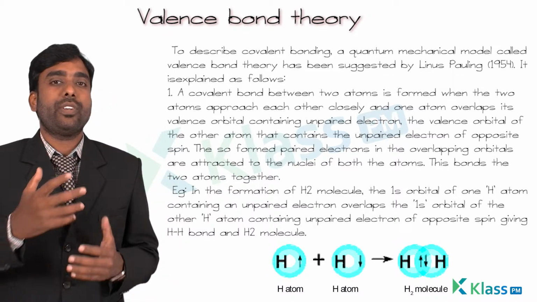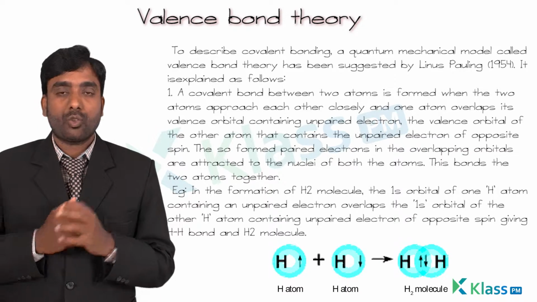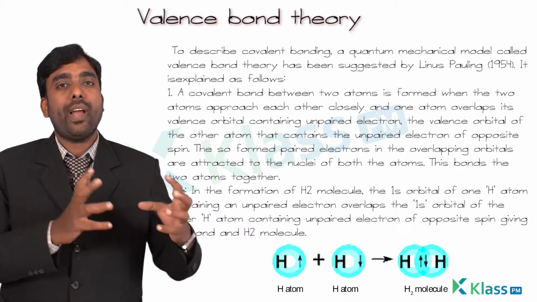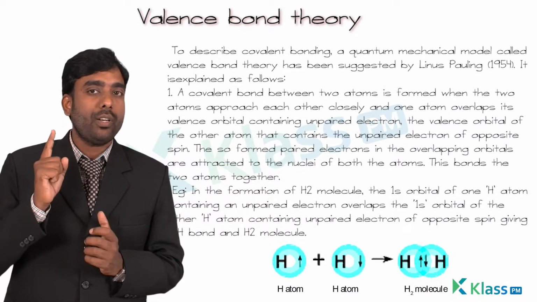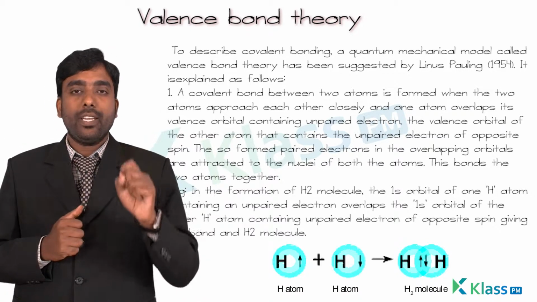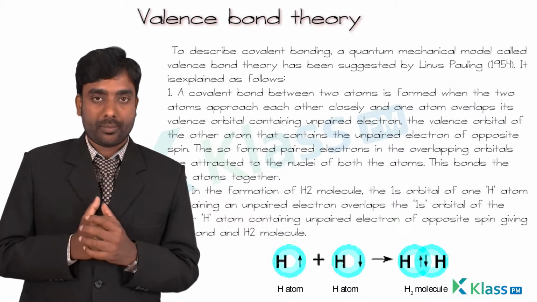For example, if you take hydrogen, how is the hydrogen molecule formed? We will explain the formation of the hydrogen molecule by using valency bond theory. We know that the hydrogen atomic number is 1 and its electronic configuration is 1s1. So there is one electron in its only orbital, that is 1s.